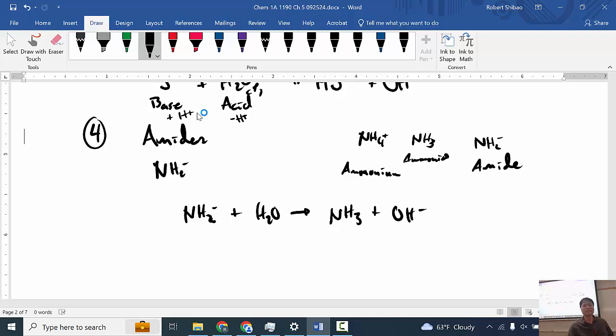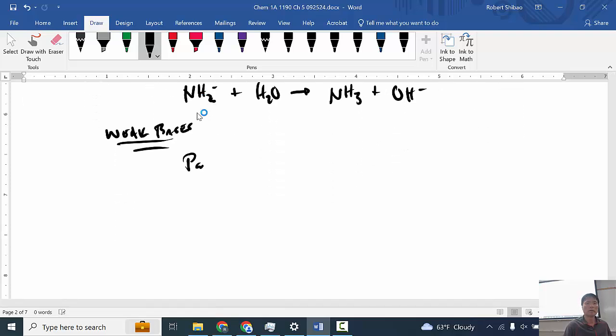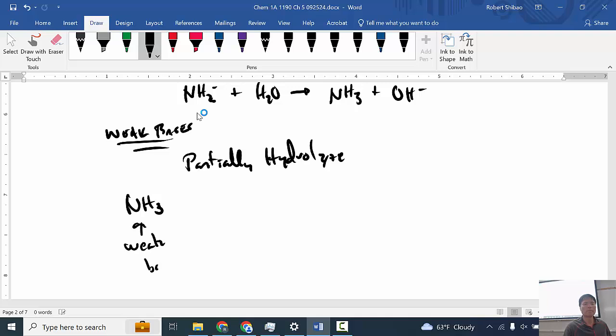Now weak bases partially hydrolyze. Amide is a strong base. Ammonia is a weak base. And so when ammonia and water react, they don't react completely.